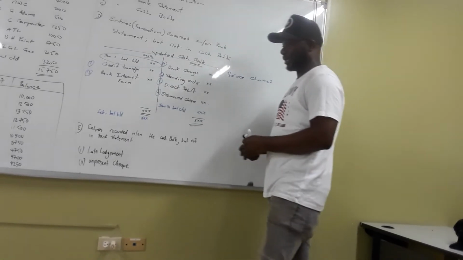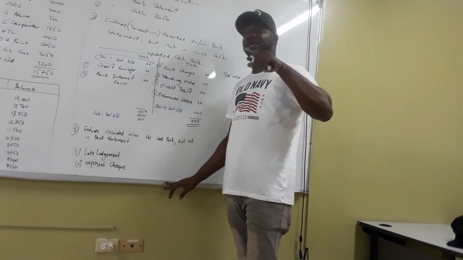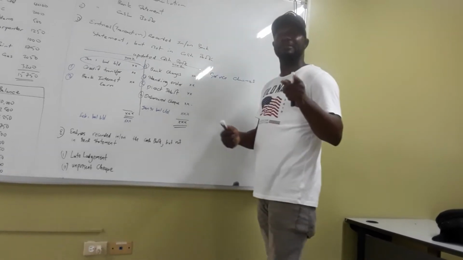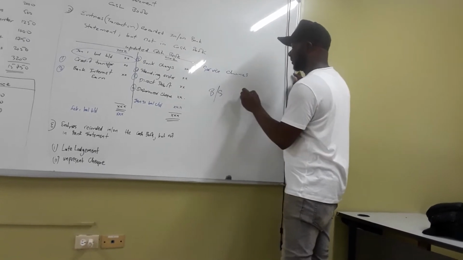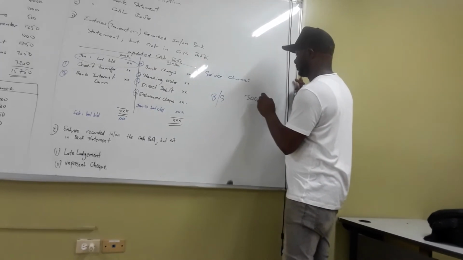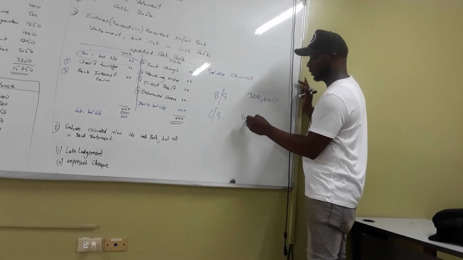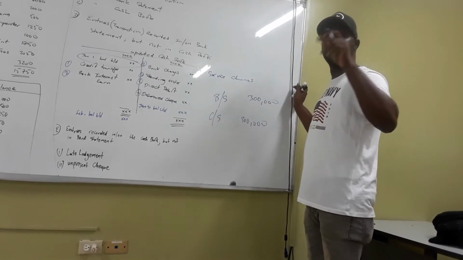So how would late lodgement affect your bank statement? Take for example, James. James came and paid you $100,000 by check. Now prior to James paying you $100,000 by check, your bank statement was saying that you have $300,000, and your cash book is saying that you have $300,000. Now James walks into your office and gives you a check for $100,000.